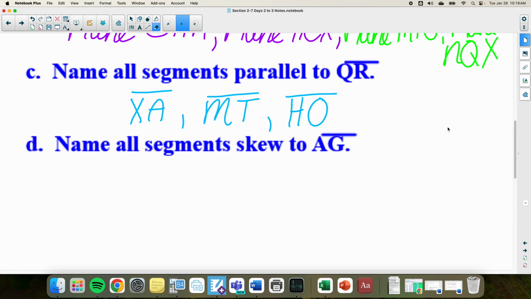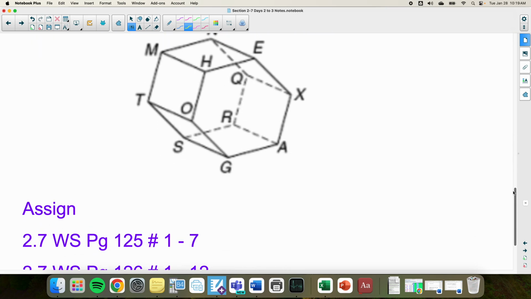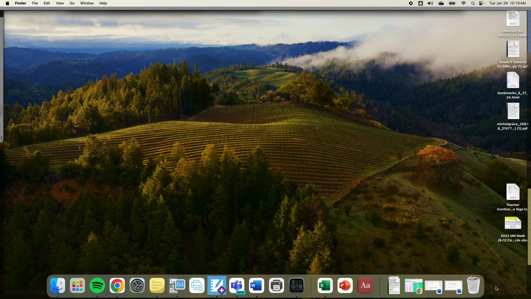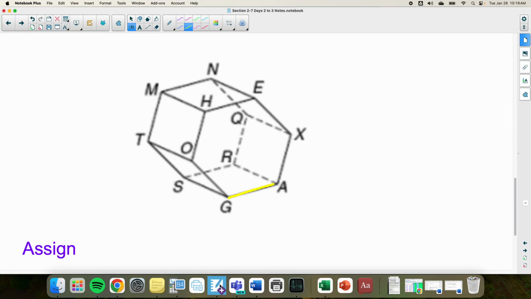Name all segments skew to AQ. And AG. So skew, can't touch it, can't be in the same plane, and you can't draw a plane through them, okay? MH, yes, this is skew. They're never gonna touch, and they're not in the same plane. And what was the other one? NE. Yes.